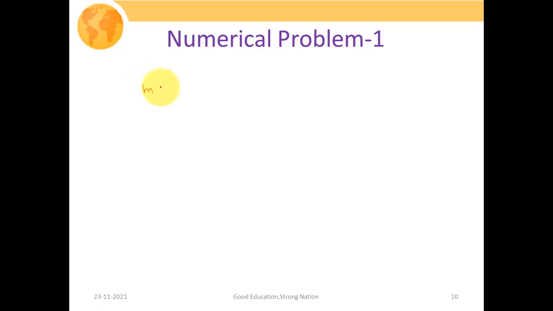M is also given to us. M is equal to 1, and we know the relationship that PT is equal to PC times (1 plus M square by 2).